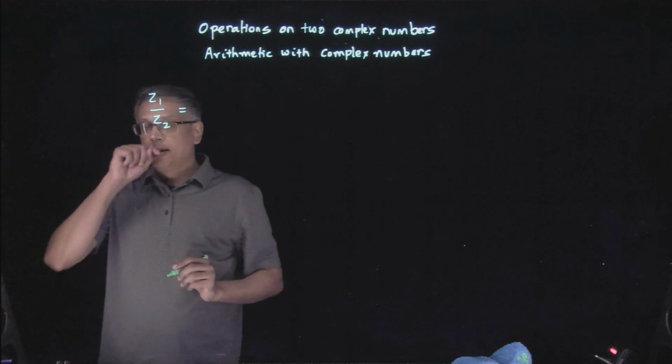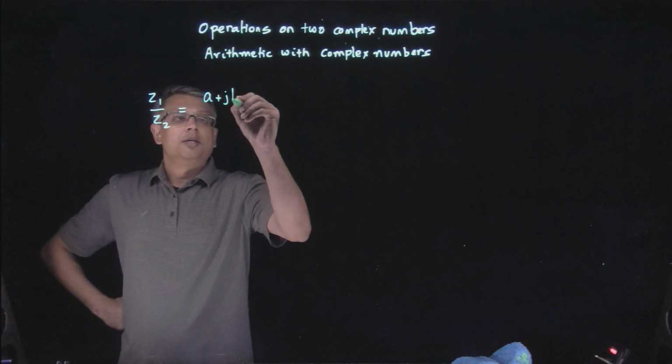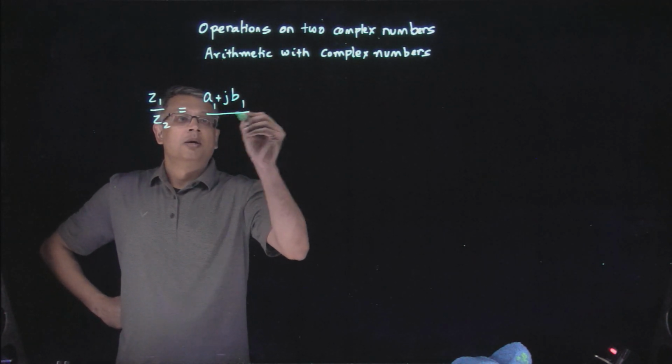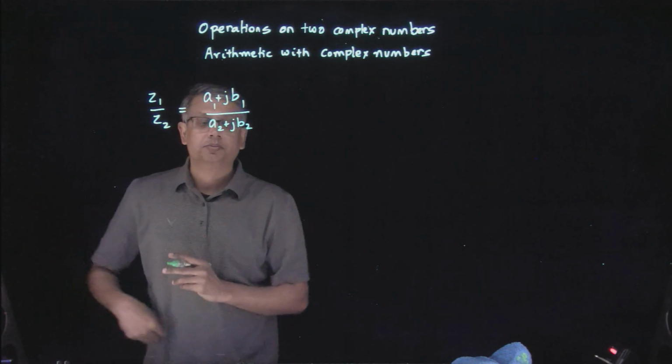So if we want to divide z1 by z2, then in Cartesian form, we have a1 plus j times b1 divided by a2 plus j times b2.